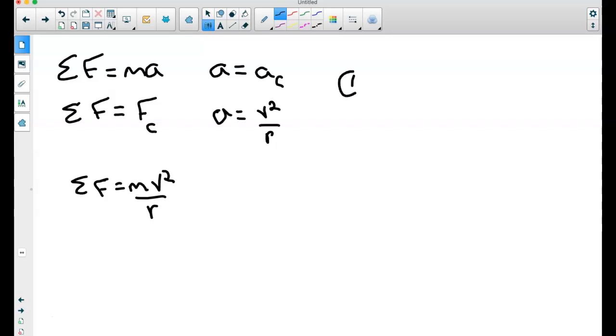So now, thinking about problems, we're going to approach these really similar to how we approached Newton's second law problems. So your first step is going to be to do a free body diagram and do a vector addition diagram that you will use to find that net force.